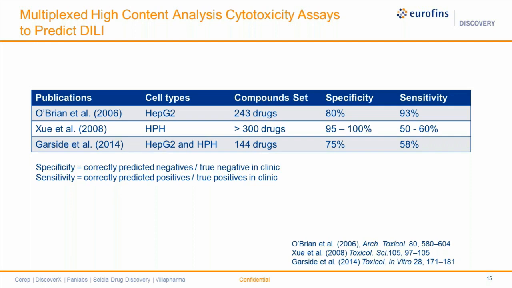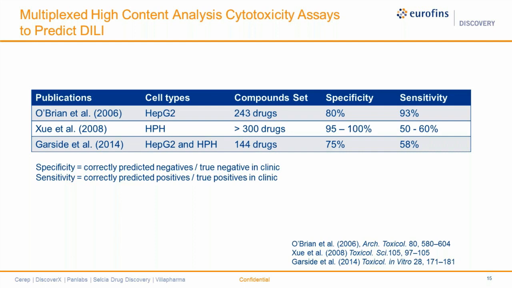Xu published his research in 2008, showing 95% specificity and 50% sensitivity by using human primary hepatocytes from over 300 compounds. In 2014, Garside's research showed 75% specificity and 58% sensitivity using both human primary hepatocytes and hepatoma cells from 144 compounds.